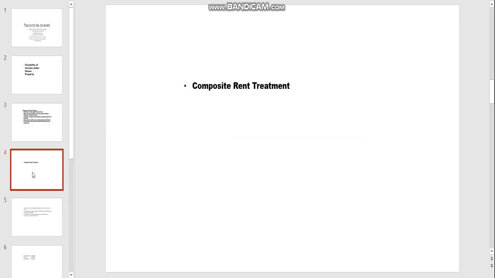For example, if an equipped theater is given on rent, then in that case we are not able to separate what is the charge for the fixtures and what is the charge for the theater as a hall. So in that case, the income is taxed under business or profession or income from other sources depending on circumstances.